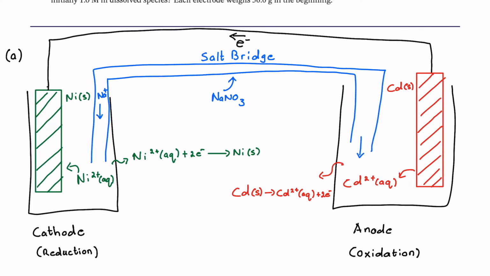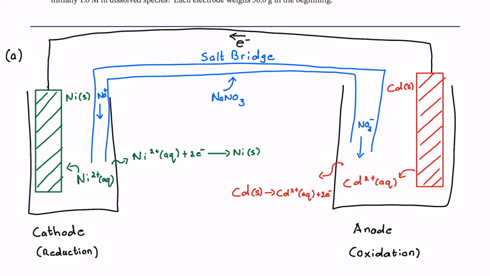Our salt bridge has to balance that by providing the NO3 minus ions, right? So these NO3 minus ions will start moving into the cadmium electrode solution to balance that charge. Right, and that's the functionality of the salt bridge.